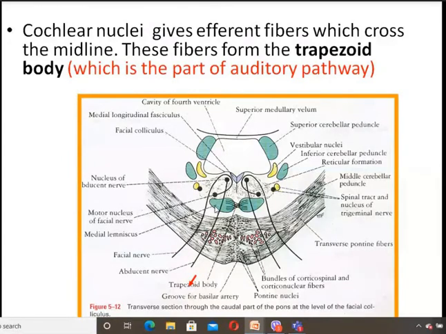After that, we move on to the transverse section through the cranial part just above the facial colliculus. Do we have any queries? Anybody? Shreya? Are you there? Yes, ma'am. Are you getting? Yes, ma'am.